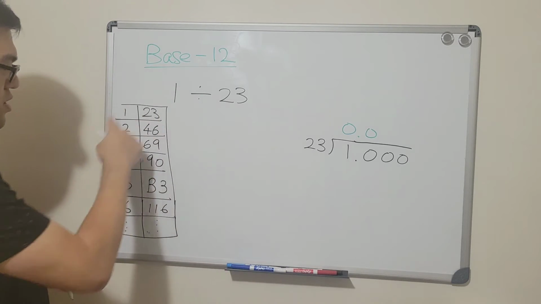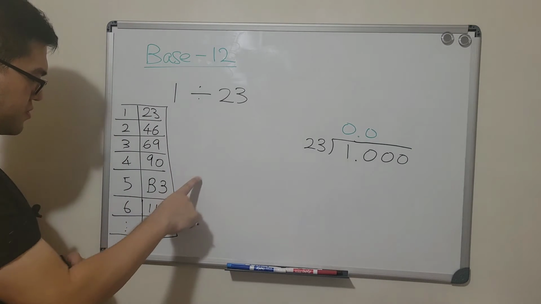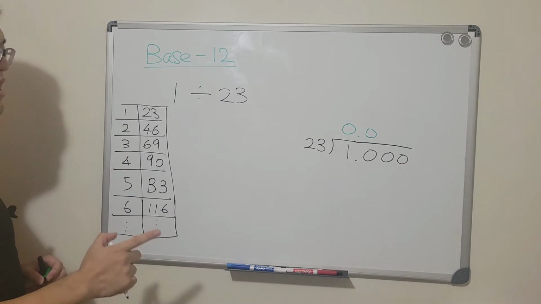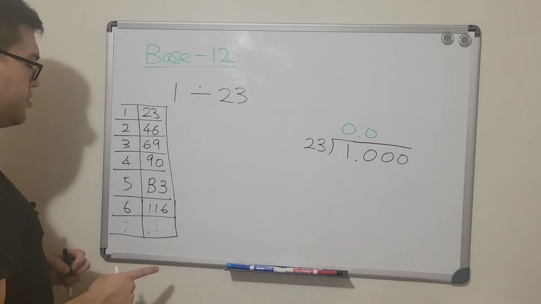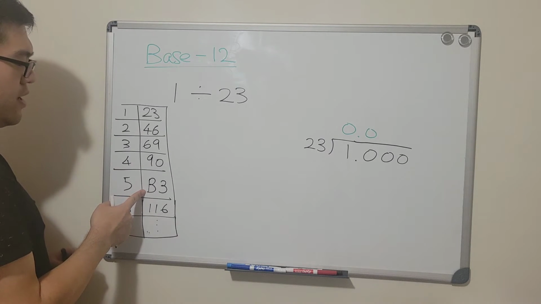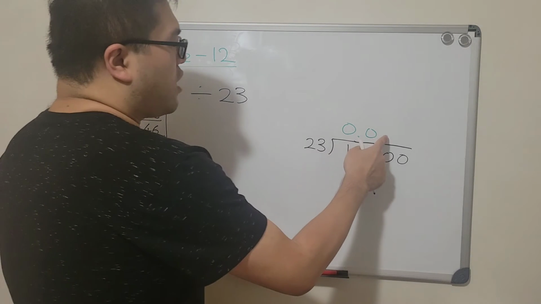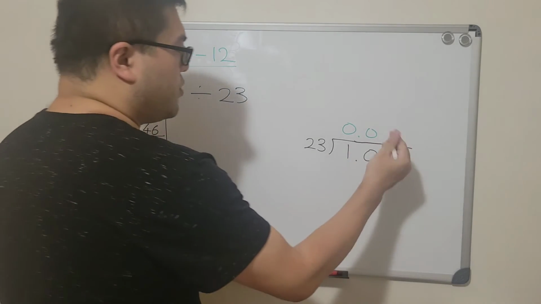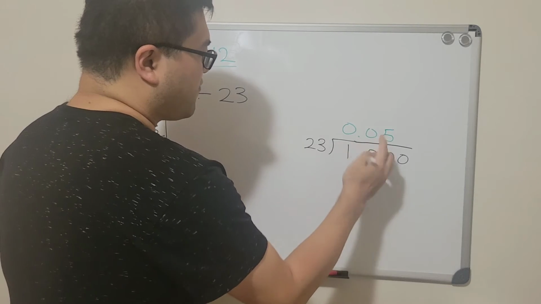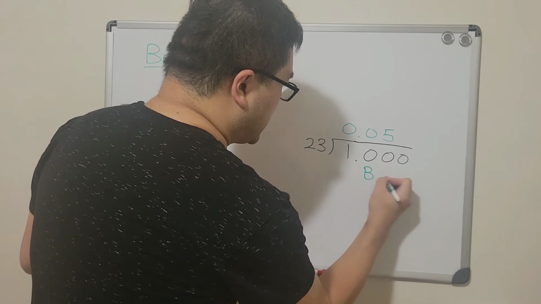Well, let's see. From the chart, the biggest number on the right hand side that is not greater than 1, 0, 0 is B3, which means the largest number we could put up here would be 5. Again, 2, 3 times 5 gives us B3.